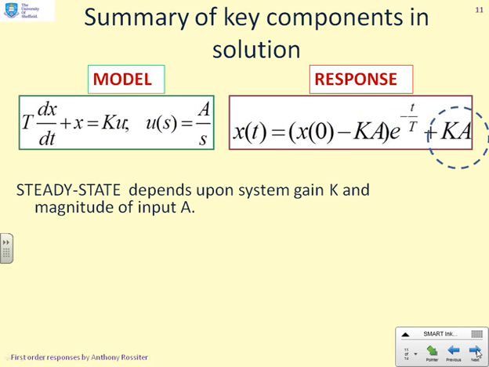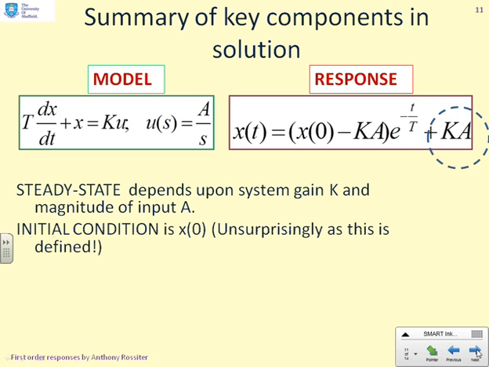Okay, a bit of thinking about this. The steady state depends upon the system gain k and the magnitude of the input A. So there it is. The steady state value of x is k times A, and k is normally considered as the system gain. It's the ratio of the steady state output to the steady state input.